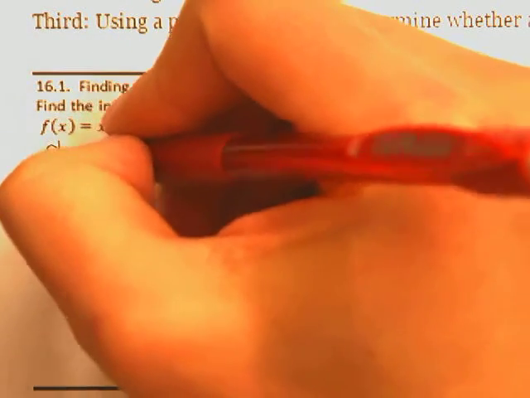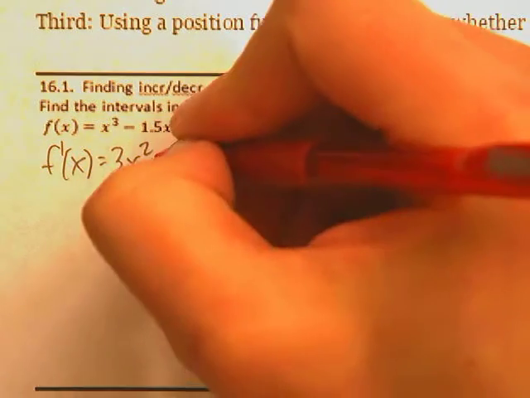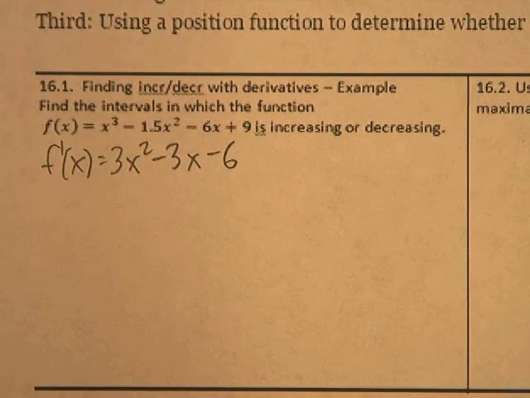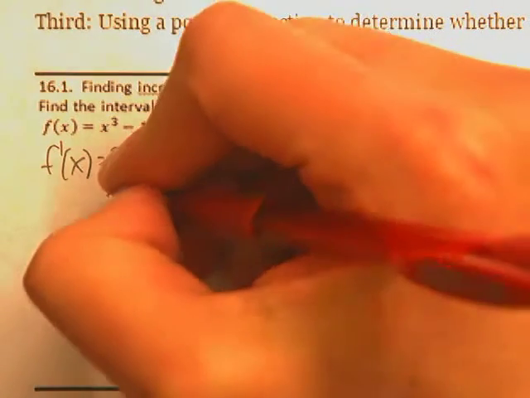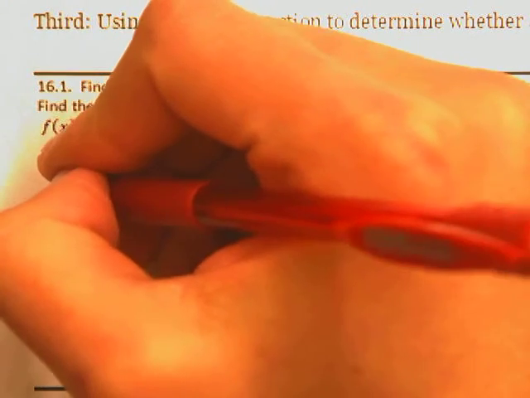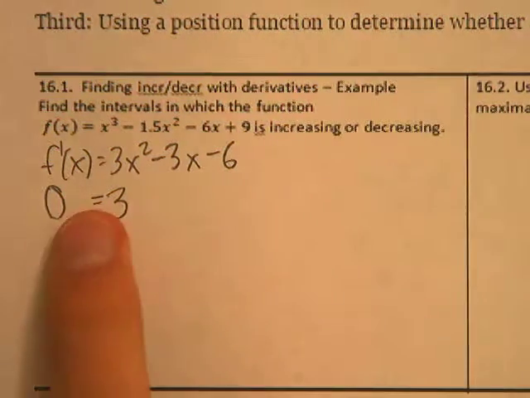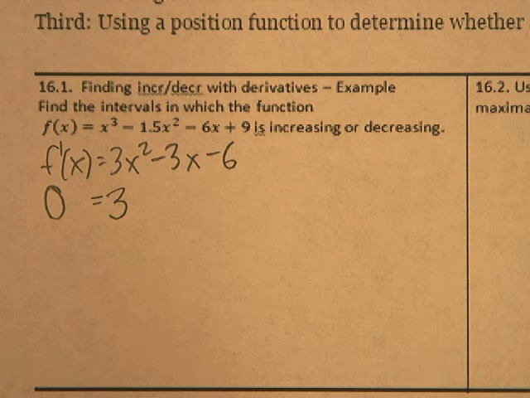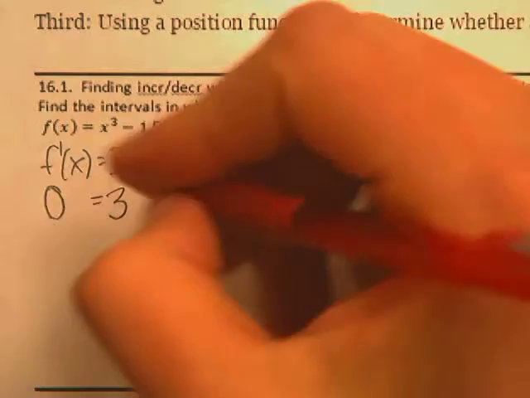All right, our derivative, that is the first step, is 3x squared minus 3x minus 6. Easy step here: factor out a 3. It's pretty obvious that there's a 3 in all these. I'm just going to set it equal to 0, because I can tell from this that nothing is going to make that undefined, so I can just look for where the derivative is 0.